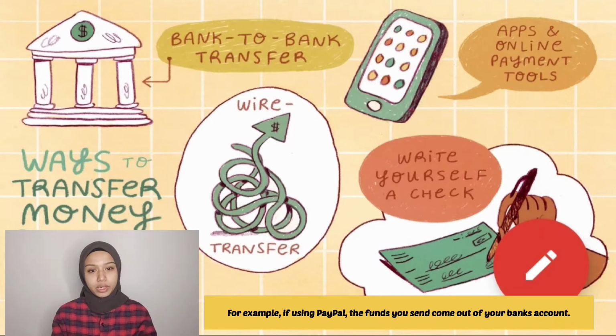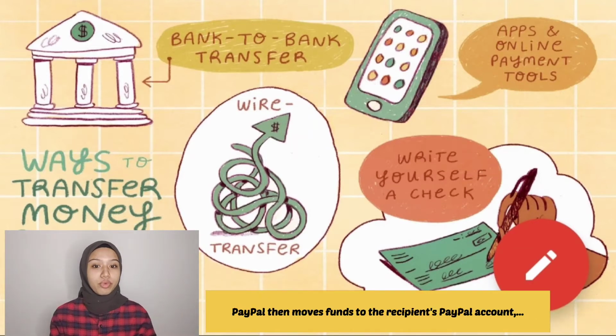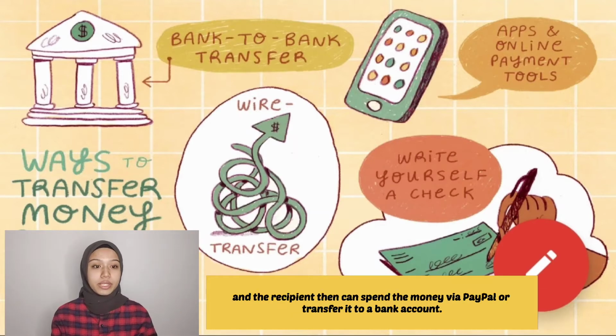For example, if using PayPal, the funds you send come out of your bank account. PayPal then moves the funds to the recipient's PayPal account, and the recipient can then spend the money via PayPal or transfer it to a bank account.